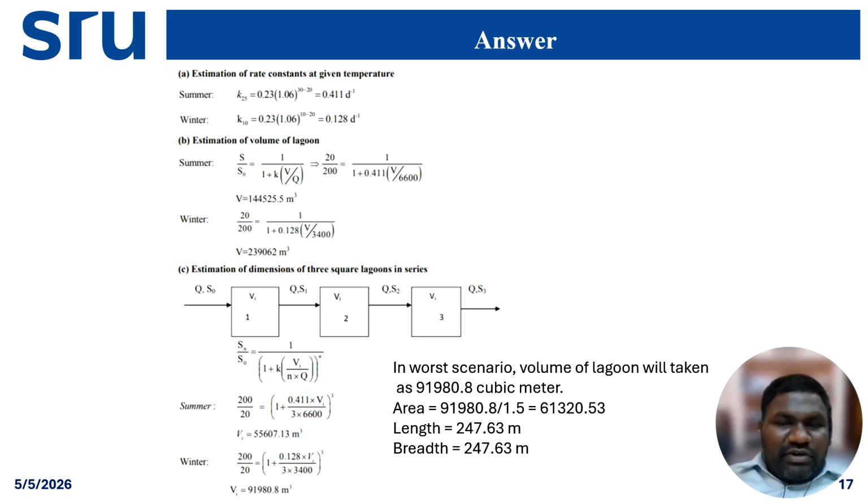First of all, we need to calculate the temperature-corrected reaction rate constant. We know the K20 value, the reaction rate constant, and we will calculate based on this equation. This equation was already written in a previous slide. So it's very simple.